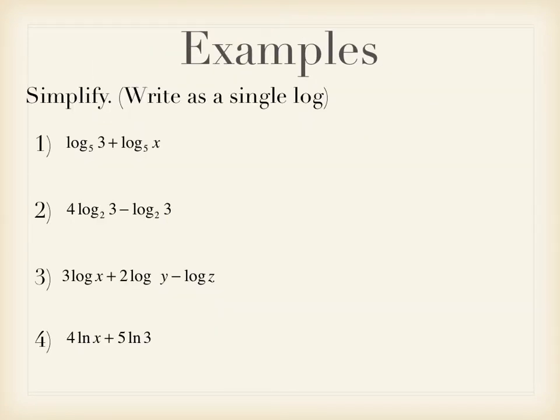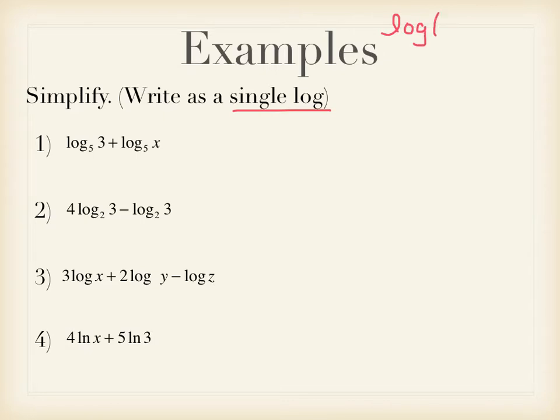Okay, so for example, this says to simplify and write as a single log. So I'm combining things here. Okay, so if you think back to that last slide, I'm just going to write down, for example, the multiplication property that we had on the last slide. You don't have to write it again. It's probably on your paper right in front of you.